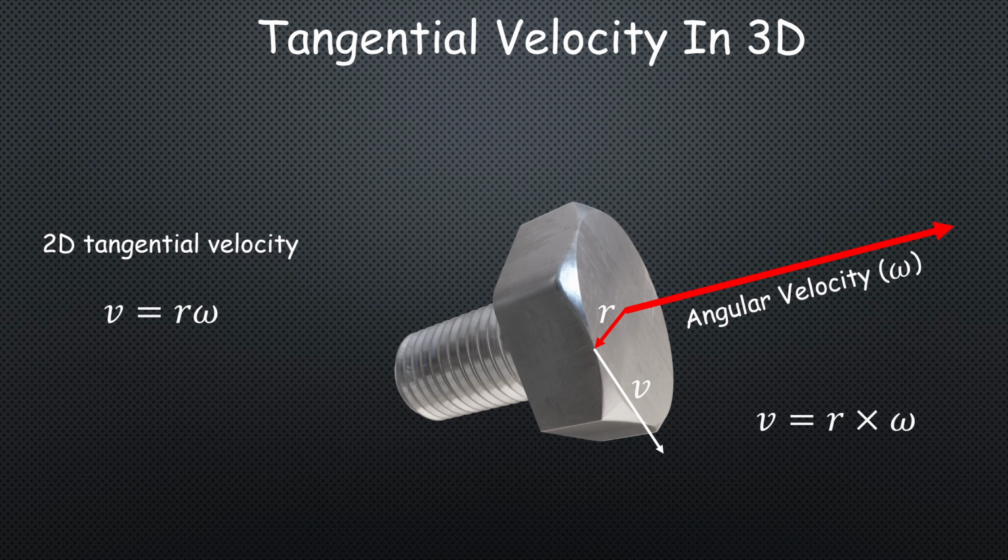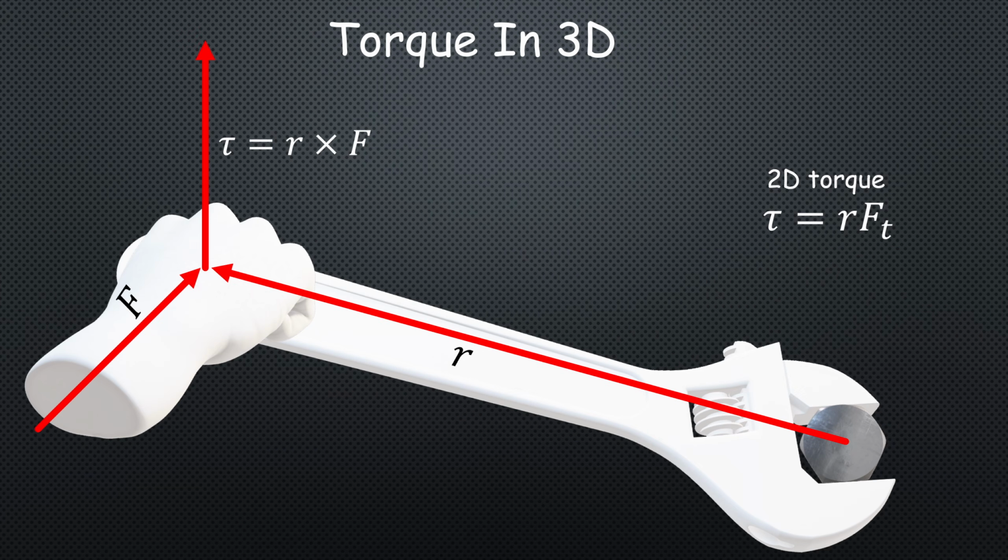We now do a cross product between the radius vector and the angular velocity vector. This gives us the correct tangential direction at each point. Same thing with the acceleration. Next up we have torque, which is a scalar in 2D and a vector in 3D, and we calculate it as a cross product as follows.